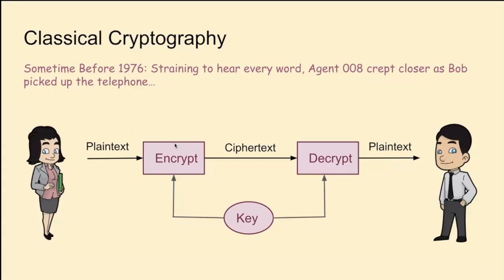As a mathematician, I would say that process is simply a function. In practical implementation, it might be a machine that she can type the plain text into. It might be some process that she carries out by hand.